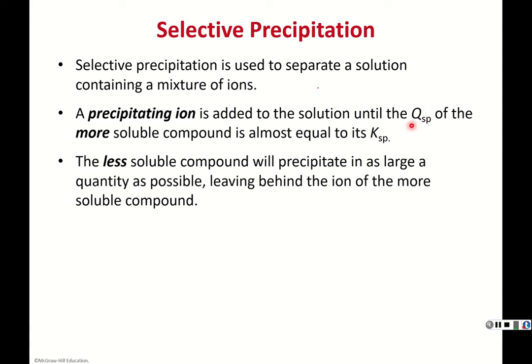Okay, so its QSP will be close to its KSP, so close to saturation. So it still will not have precipitated out yet. But what that does is the less soluble component will be precipitated out as much as possible without losing the component in the solution that you're trying to separate.